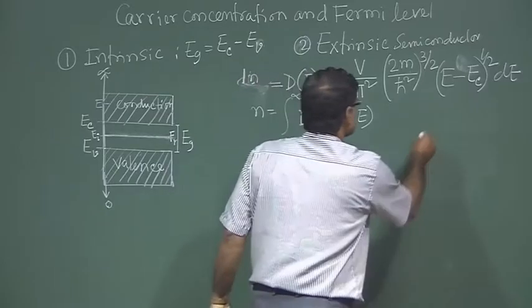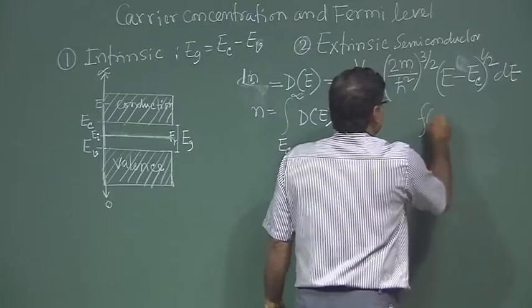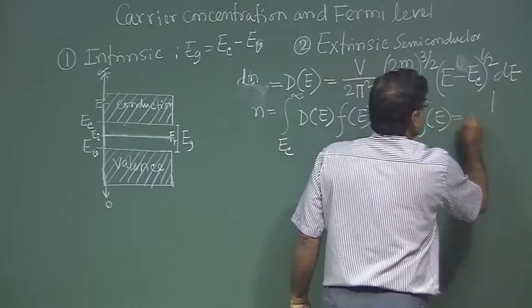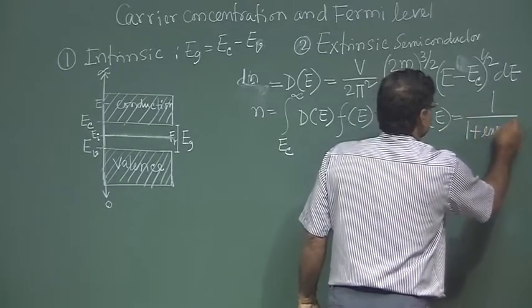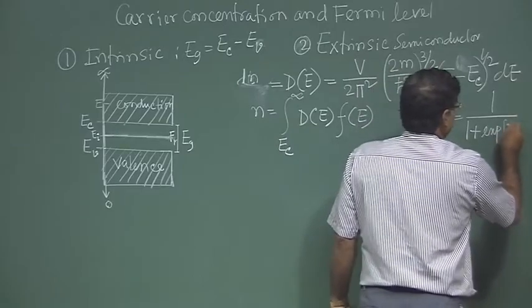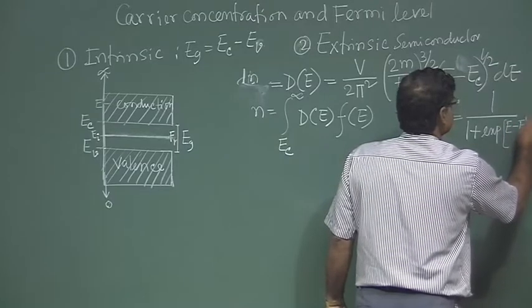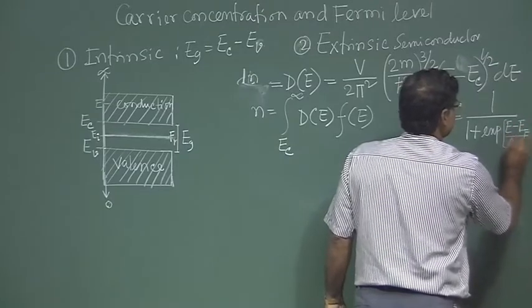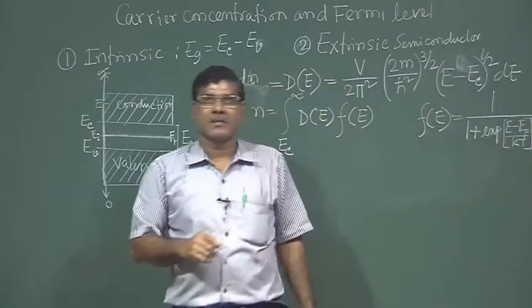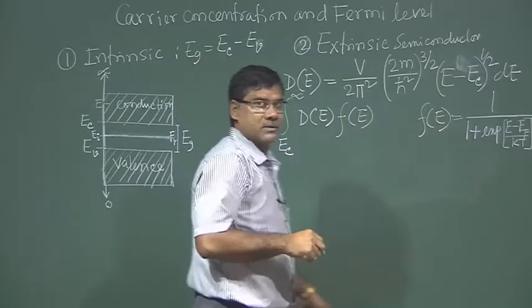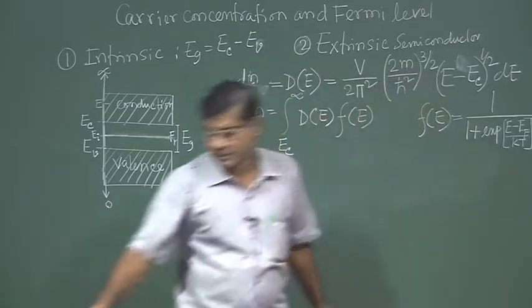You remember F(E) is 1 by 1 plus exponential of (E minus EF) by kT, right. So, it is not visible, so I should write slightly bigger.